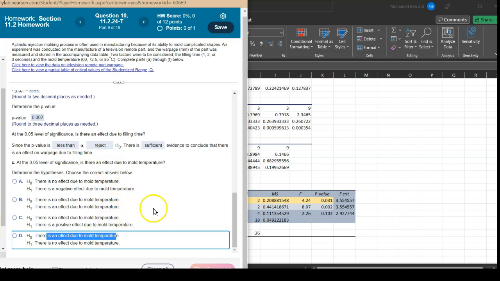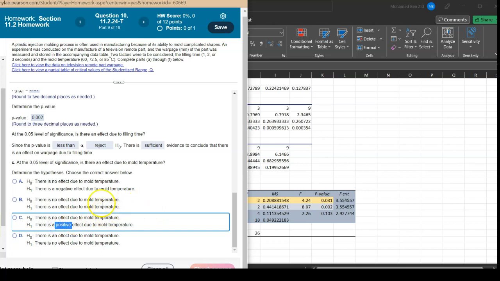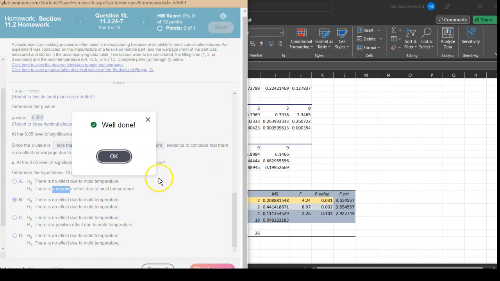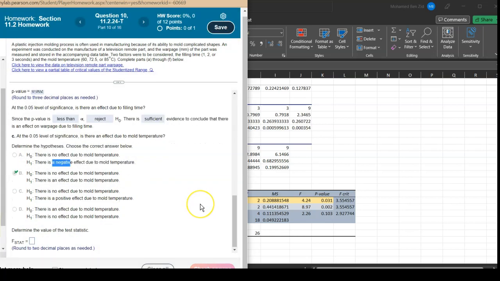Okay, so we know the first three. One of them is going to be positive effect, don't select it. The other one says negative effect, don't select it. You're going to select B, the one that says no effect, and the alternative, there is an effect. And check it, and we're done with this.